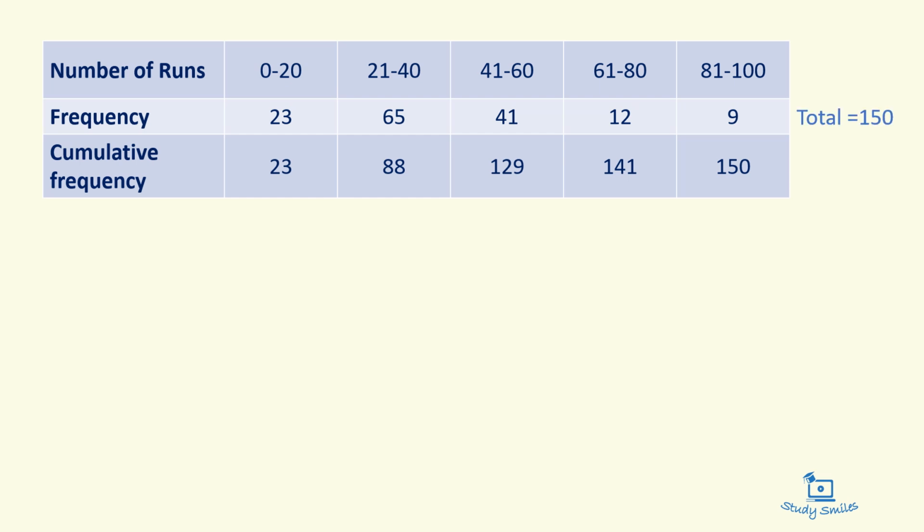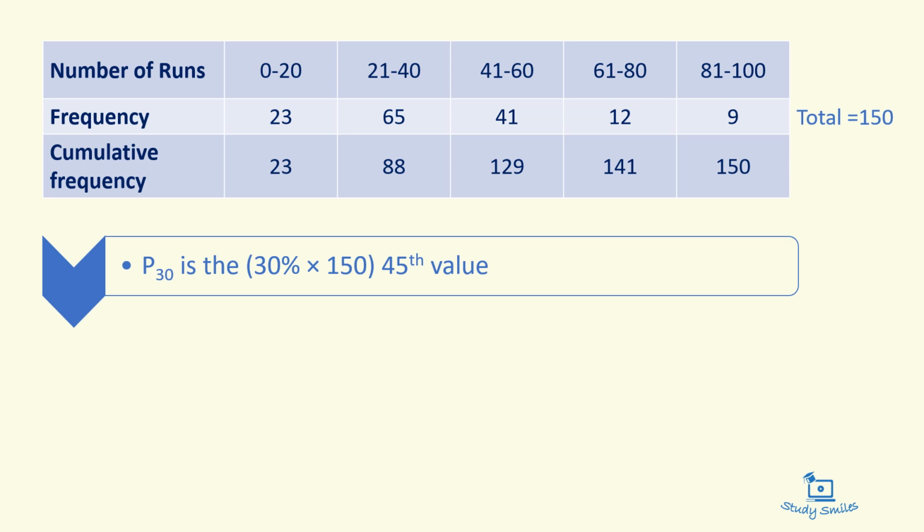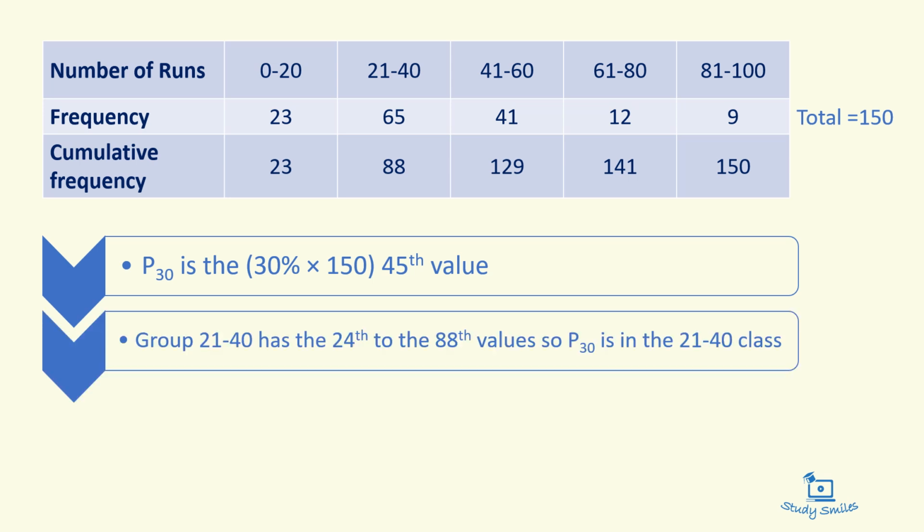The total frequency is 150, which we multiply by 30% to find that the 30th percentile is the 45th value. Using the cumulative frequencies that we've calculated, we can see that the group 21 to 40 has the 24th to the 88th values. So, percentile 30 is in the 21 to 40 class.